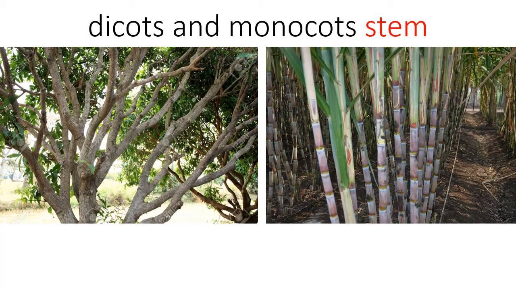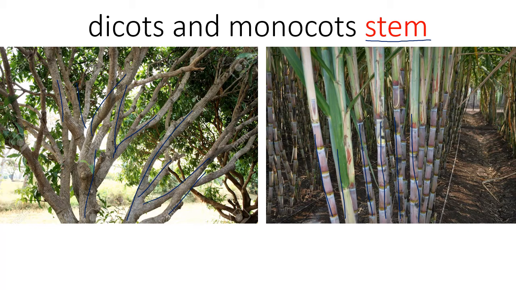Now let's have a look at the difference in dicot and monocot stem. If you look at the first picture of the dicot, you can see branches. The stem has lots of branches. But here, this stem is, throughout its length, totally without branches.